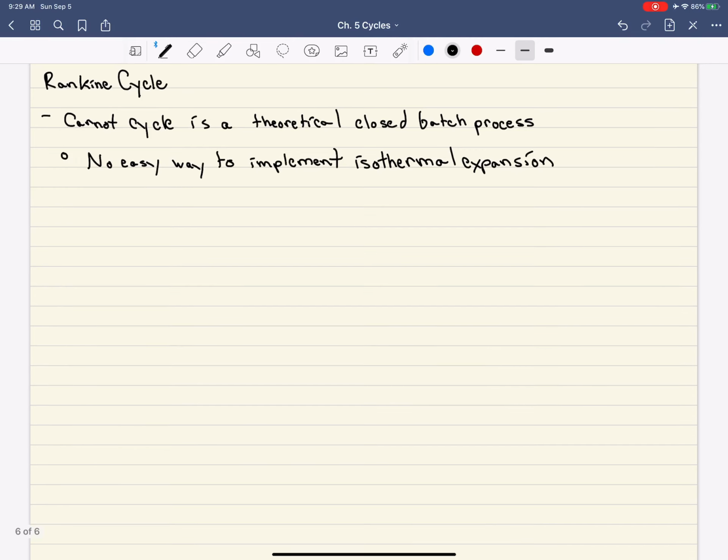Furthermore, when it comes to engineering processes to extract work from some sort of chemical, most engineers would prefer to work with an open, continuous system process. So most prefer to design open, or at least continuous, processes.